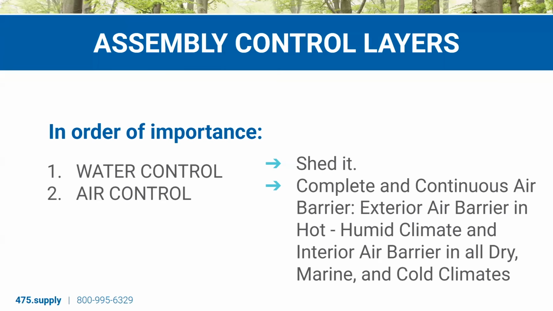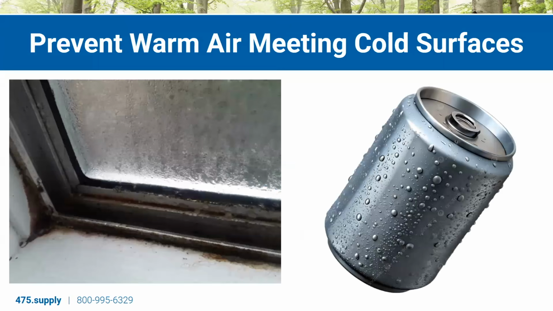So we shedded the water. Now we're looking at how to make it airtight. And a big key thing for keeping the risk down is just preventing warm air from meeting a cold surface. This is the main risk in a lot of these assemblies. This occurs, here we're seeing a window, the glazing, maybe it's a single pane window, so we're not having that warm interior surface temperature.